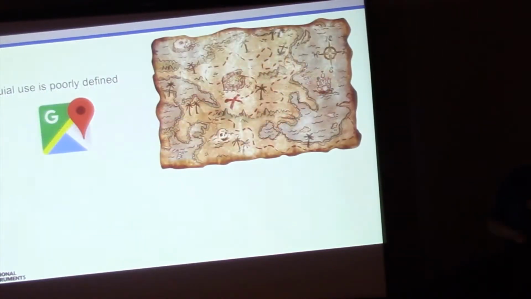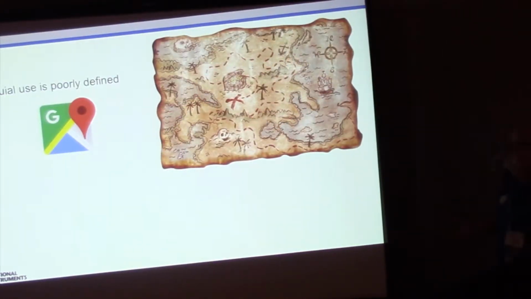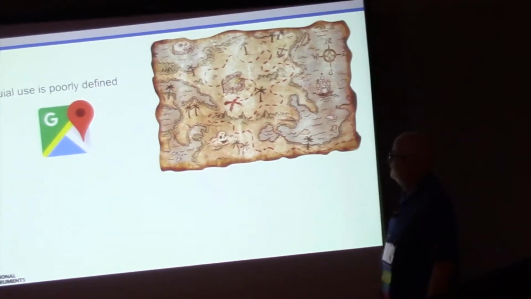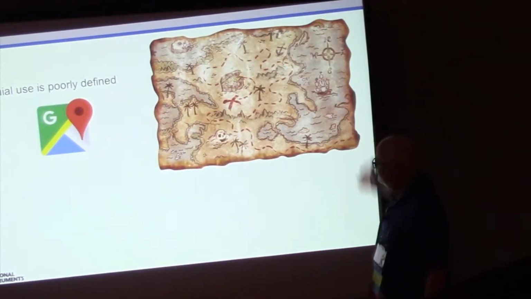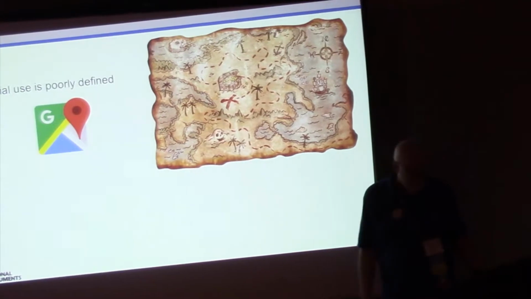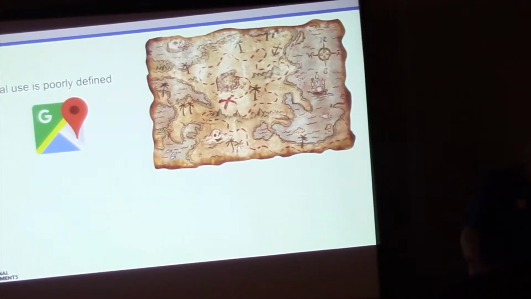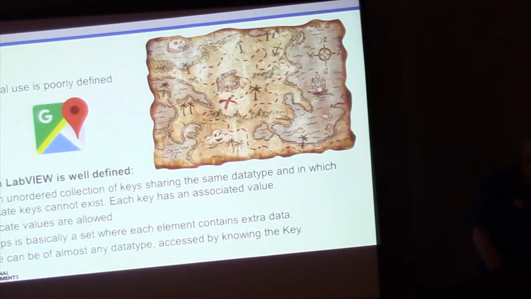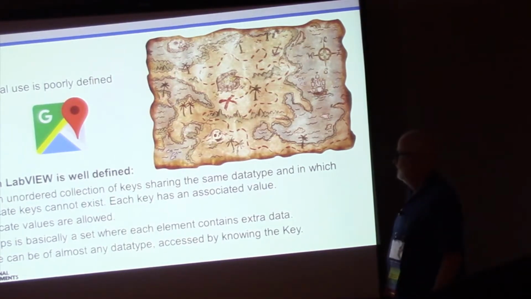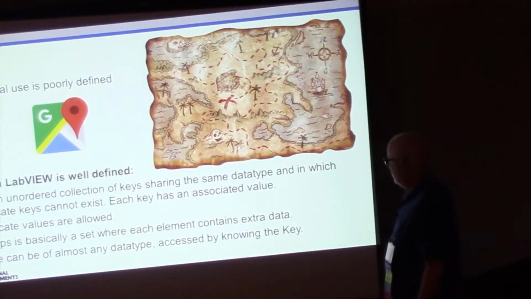Now, what is a map? Very poorly defined. X marks the spot. Everybody uses maps to navigate. That's not what it is. A map is an unordered collection of keys sharing the same data type and in which duplicate keys cannot exist. That's the same as a set, right?